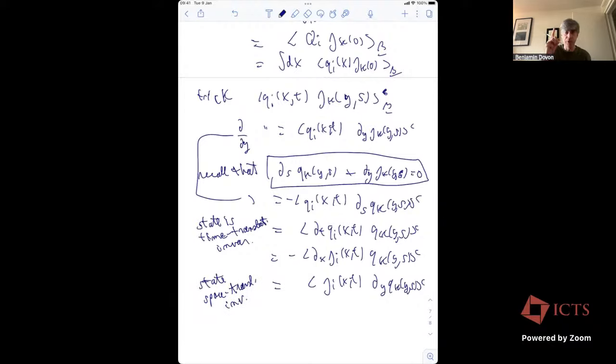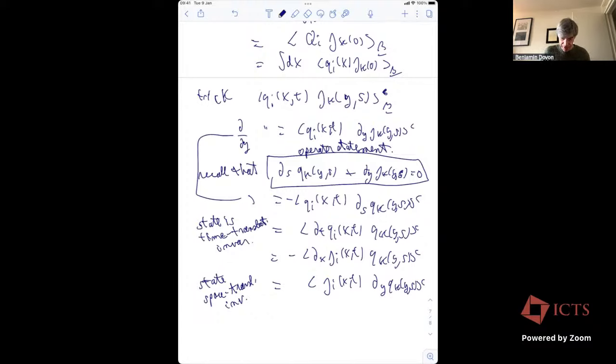So I use both time and space translation invariance, crucial. Here, this was the operator statement. So I use twice the operator statement and twice the state statement, time translation and space translation invariance.